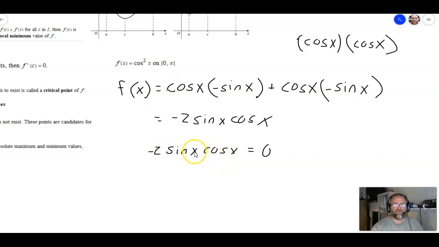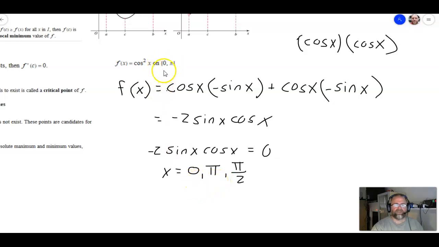So let's think about where sine of x is equal to 0 on the interval from 0 to pi. The sine of x is equal to 0 at 0 and pi, and the cosine of x is equal to 0 at pi over 2. This is just using the unit circle. So here are our 3 critical values.